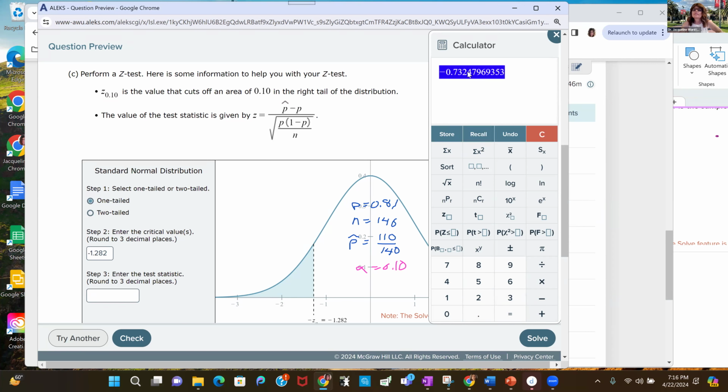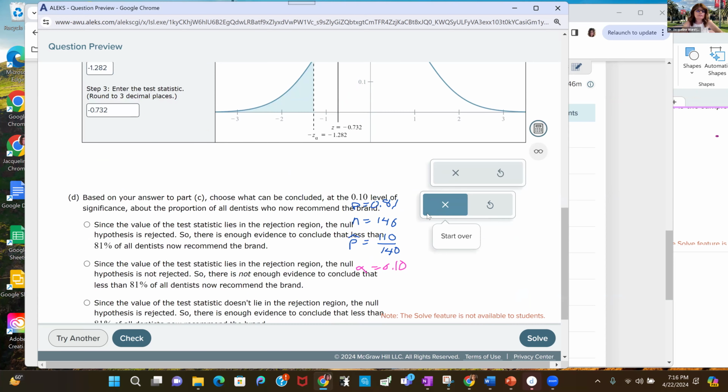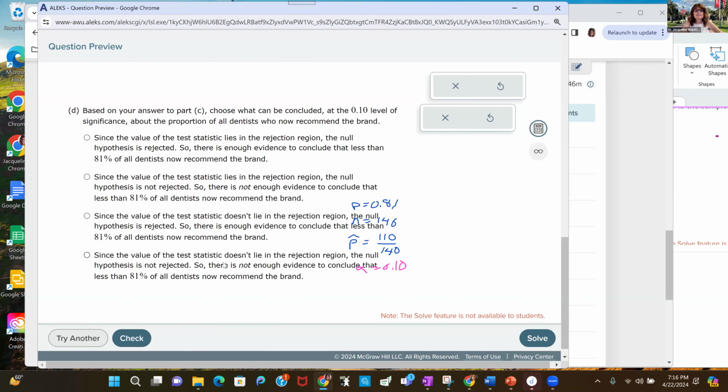So this is the test statistic, negative 0.732, which does not lie in that rejection region. So since it doesn't lie in the rejection region, the null hypothesis is not rejected.